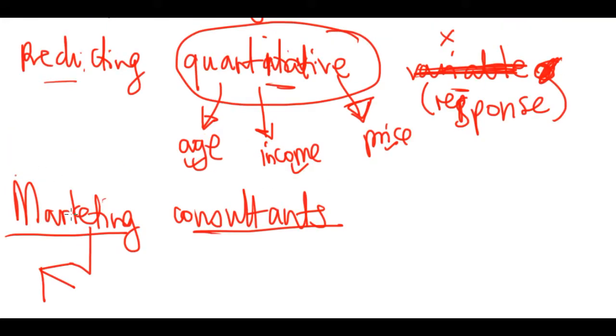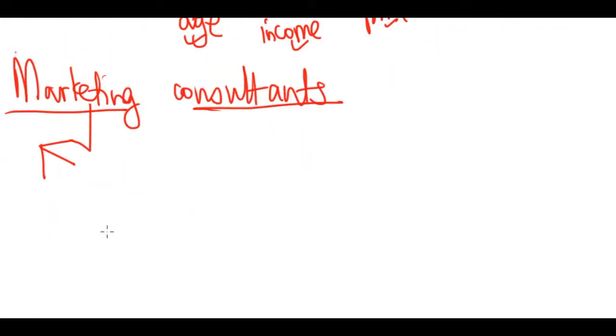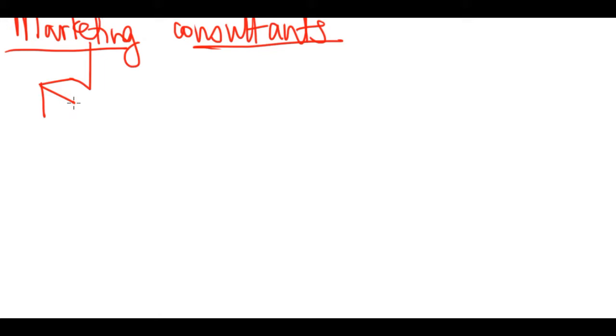Let me just set up the scene. There's a company that sells products, whatever they are. Are they cell phones? Are they books? Whatever they are. This company advertises on TV, on radio, and in the newspaper.